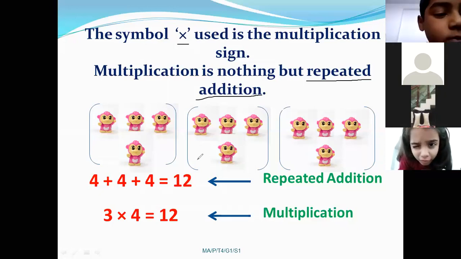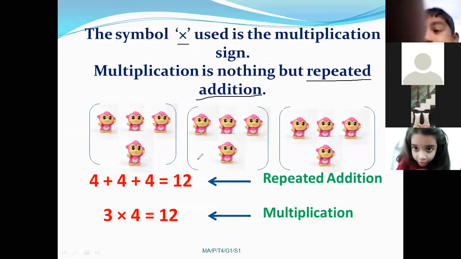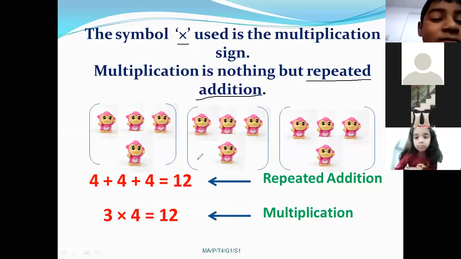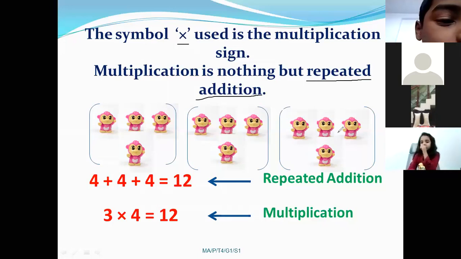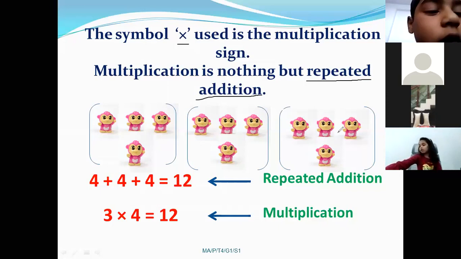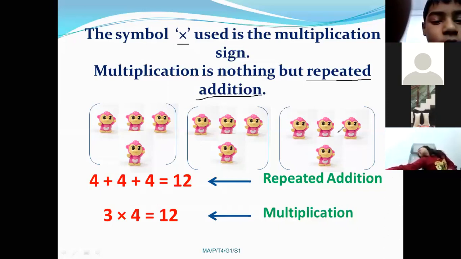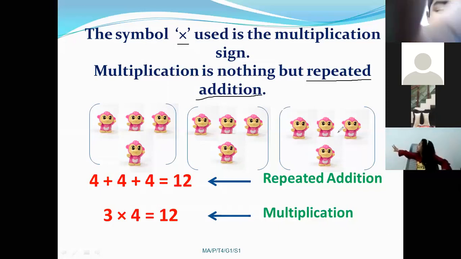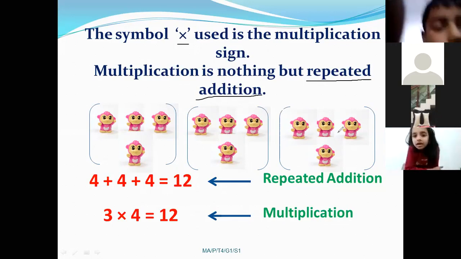Now, next. Okay, children. Now, again, you can see some toys are there. Toys are there, right? Now, Swarnika, you tell me how many groups are there? Swarnika? Yes, ma'am. How many groups are there?